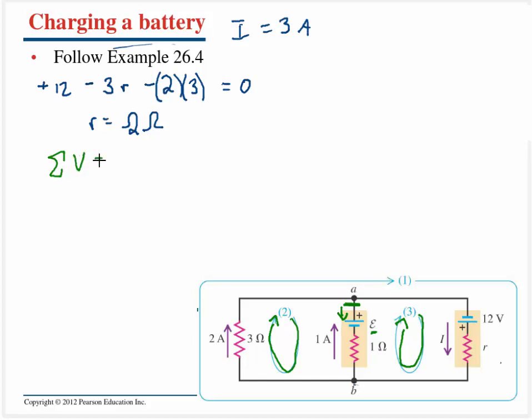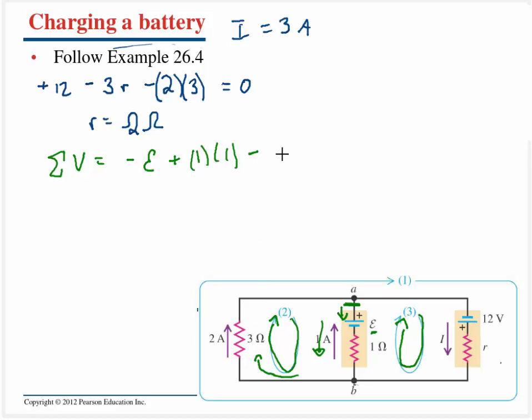So my sum of my voltages is going to start off with a nice little negative EMF. Now my direction of loop travel is against the current, so I'm going to now add that 1 amp multiplied by 1 ohm. Continue on my loop.